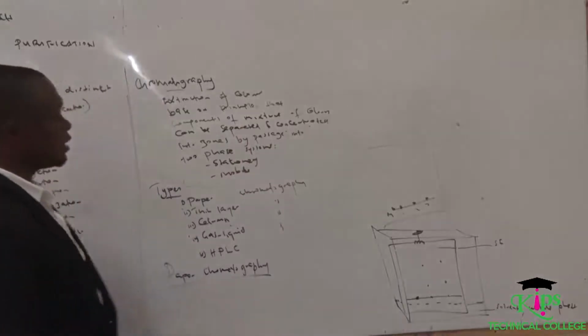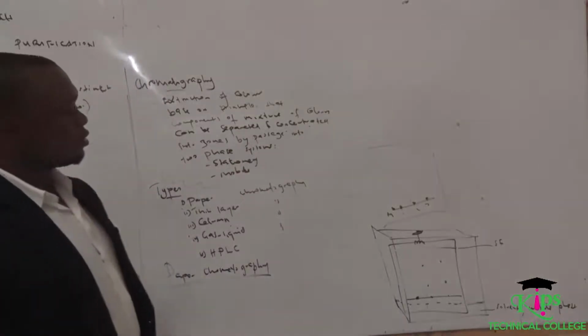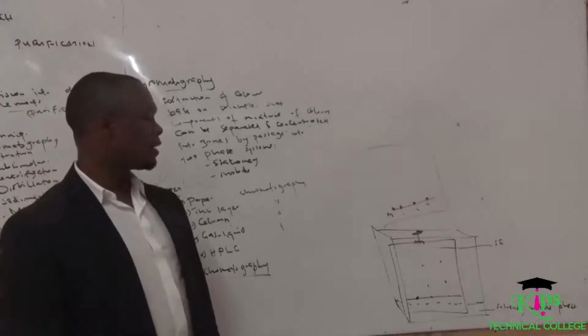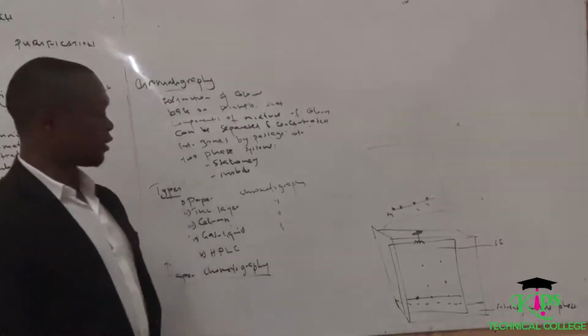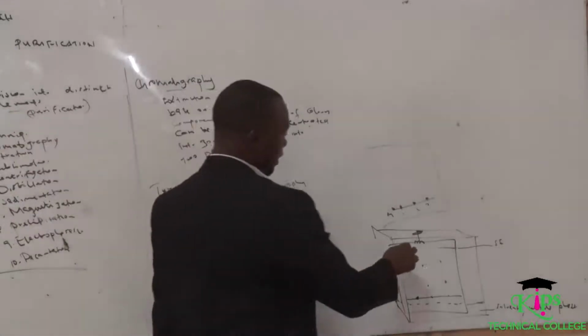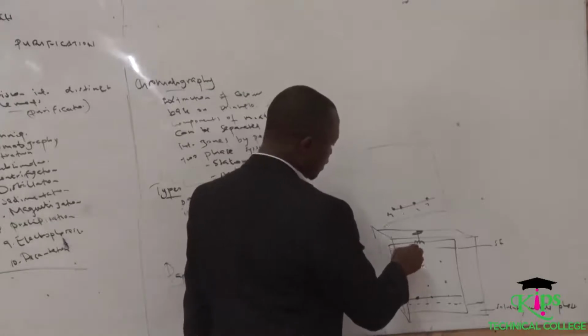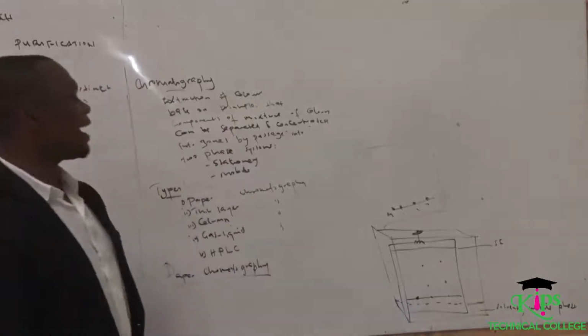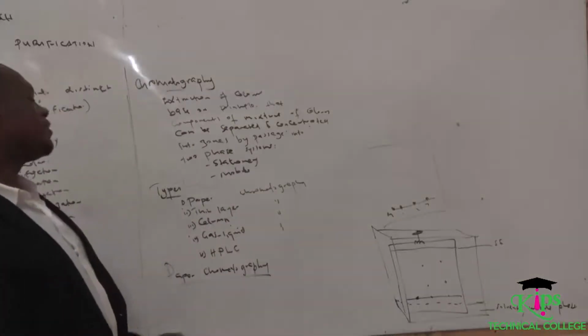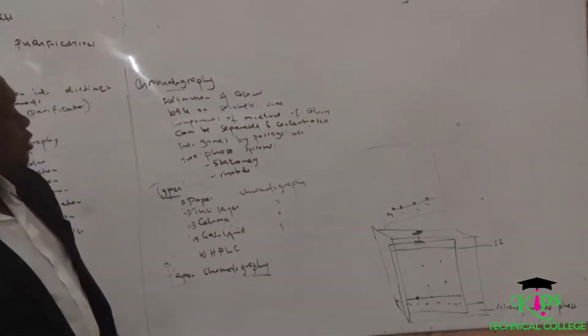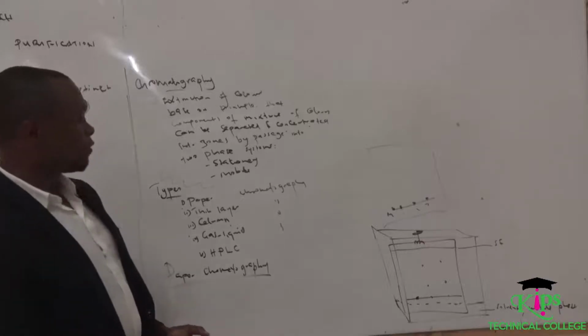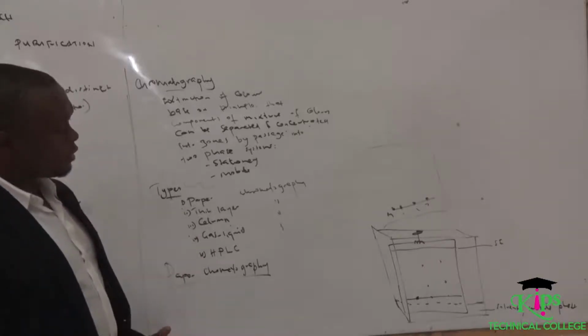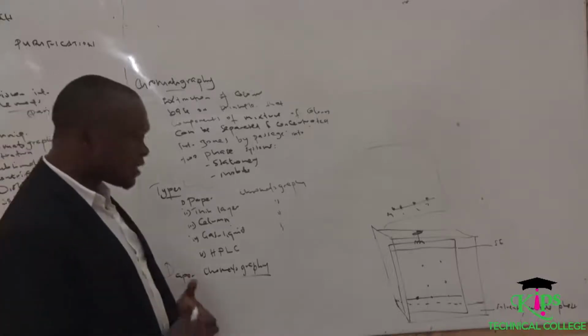The solvent is going to help flow the ink along. The uppermost point or the highest point that can be reached by the solvent is called the solvent front.